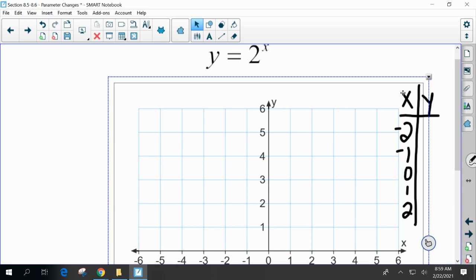So for -2, you should get 0.25, and -1 was 1/2 or 0.5. 0 is 1. 1 is 2, and 2 is 4. And then we're going to graph it.